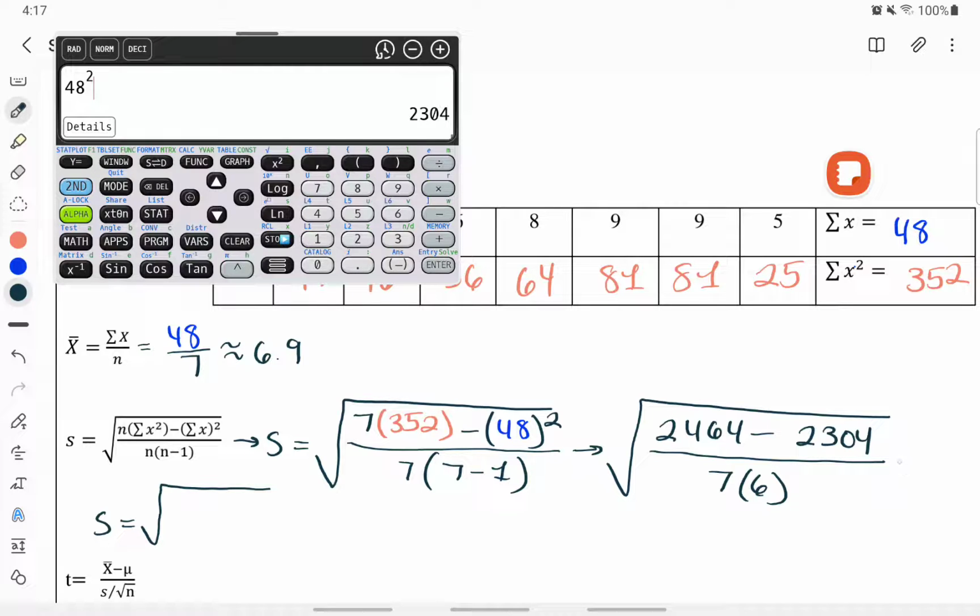When we do the top, that's going to be 160. When we do the bottom, that is going to be 42. 160 divided by 42 is approximately 3.81.